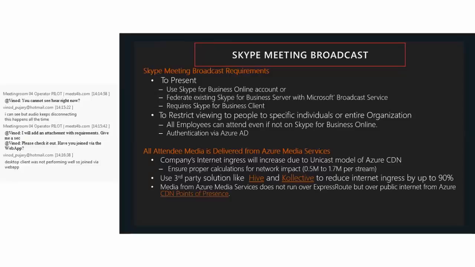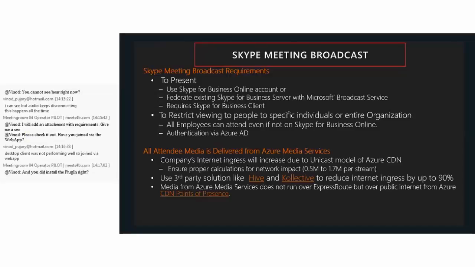It takes the stream that comes from your cameras, then it is processed in Azure Media Services. It is properly encoded for different types of devices, and then when a user tries to access that stream, for example, if I try to access it from my phone, then Azure will see that I want to display this on my phone, and will stream to my phone the version of the stream that is perfect for my device.